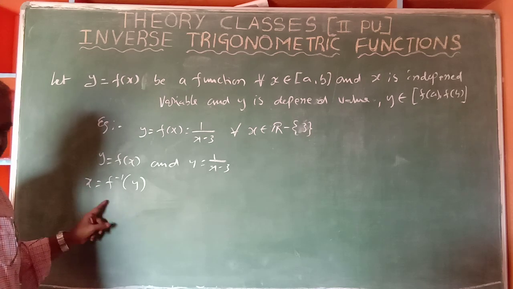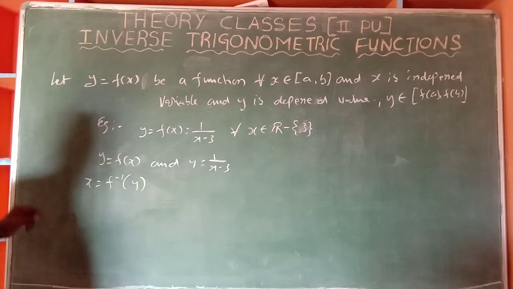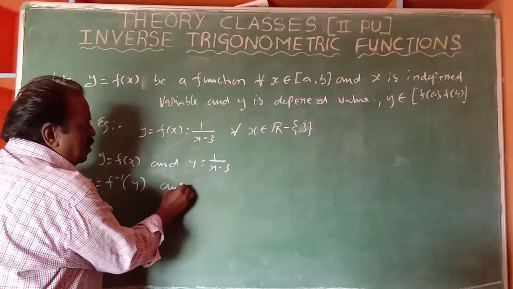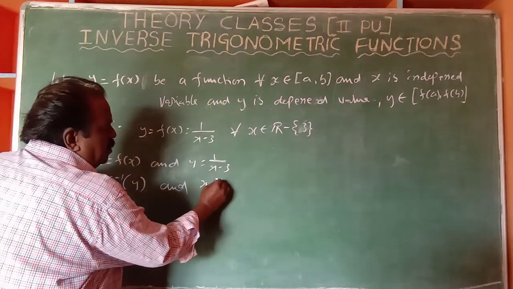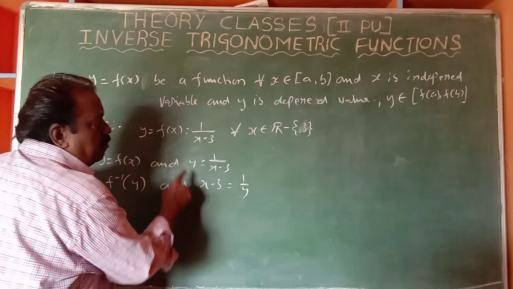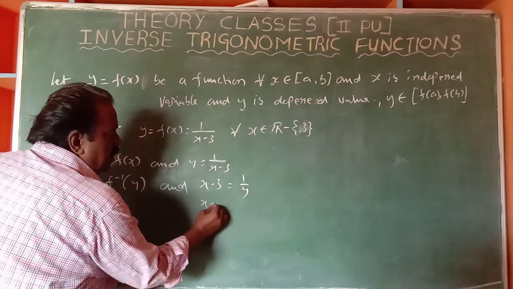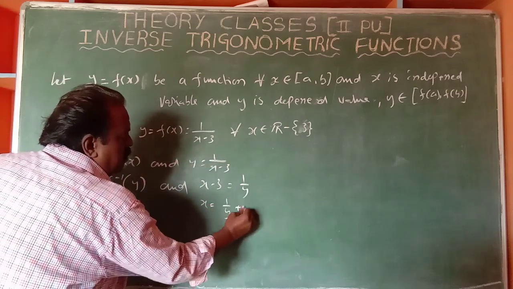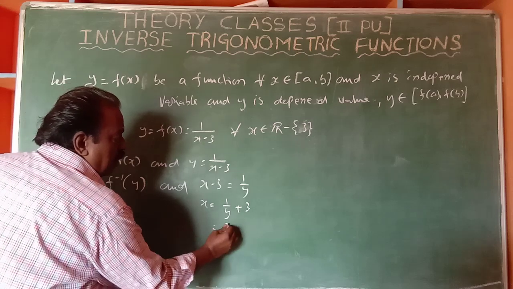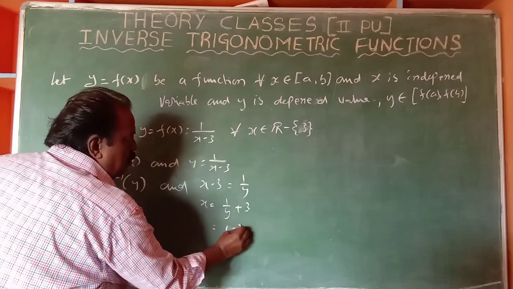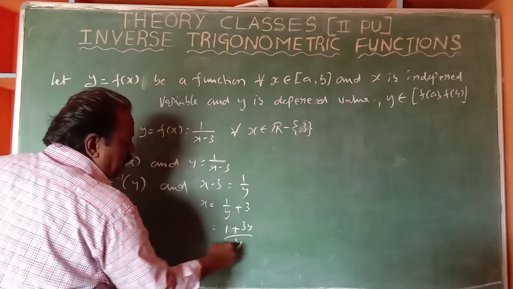This is called the inverse. Clearly evident. Here you see, x minus 3 is equal to 1 by y. Then x is equal to 1 by y plus 3, which is 1 plus 3y by y.